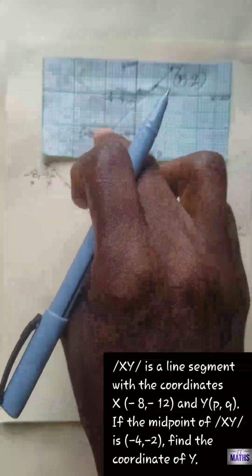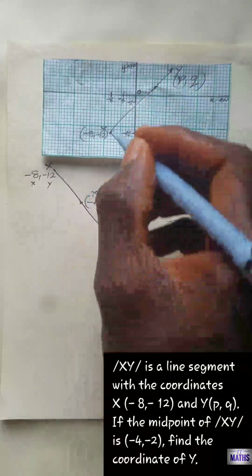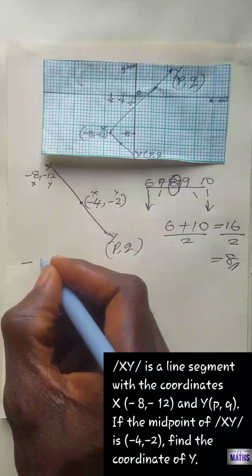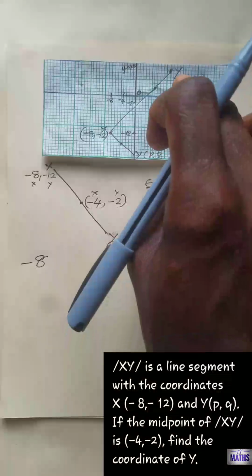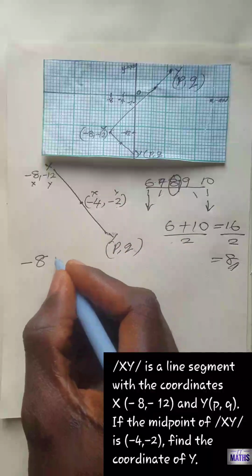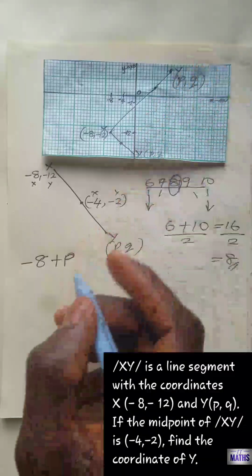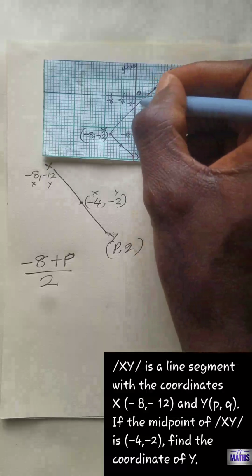So I'm going to do the same thing to this guy. This guy on the x-axis is what? Minus 8, right? Again, here on the x-axis, what's the value? P. I don't know that yet, so I still write P. Now I'm supposed to divide that by 2, the same way I did this to get the mid value, because I'm looking for this midpoint.